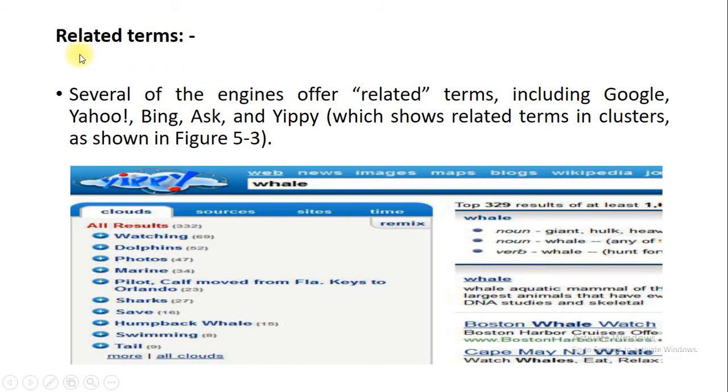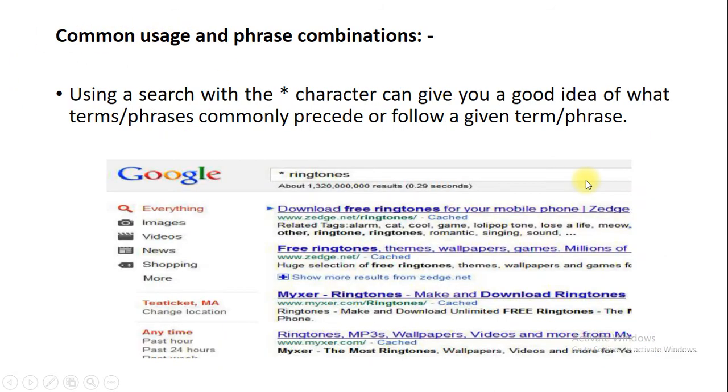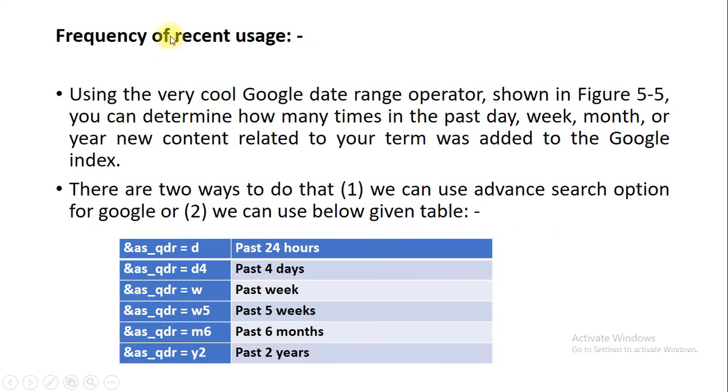Related terms means each search engine offers you the related search terms for what you typed in the search box. Common usage or phrase combination means you can use a wildcard character. Over here we have taken the example of asterisk, with the help of which you are able to find popular search terms by combining that symbol.